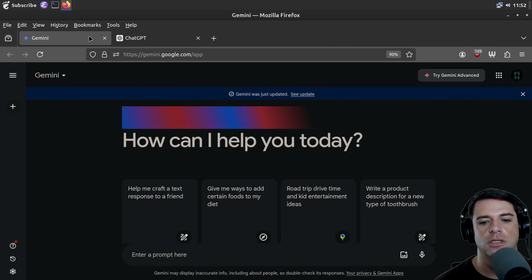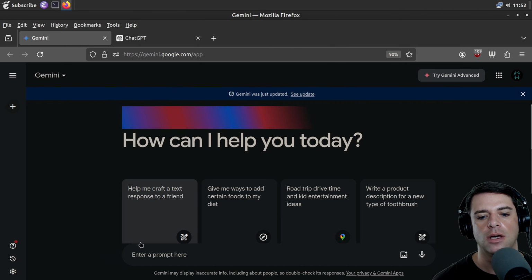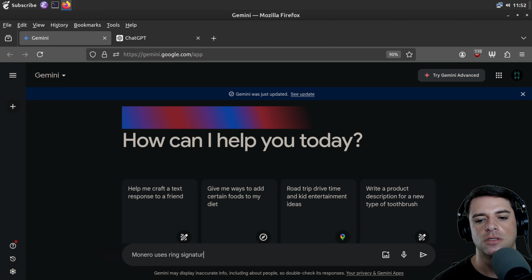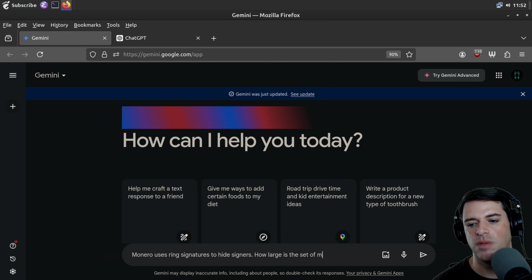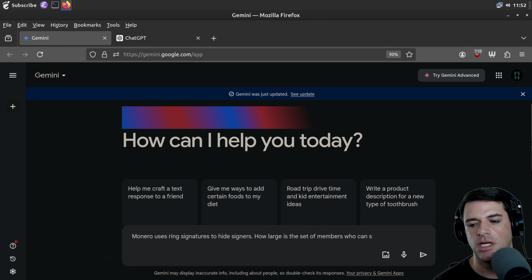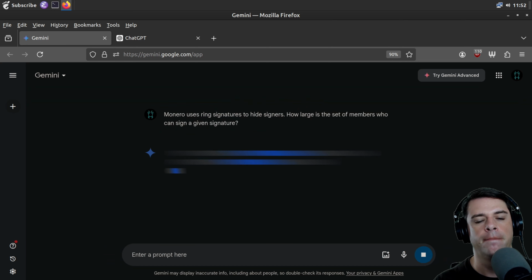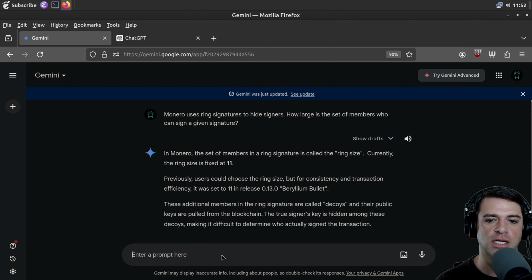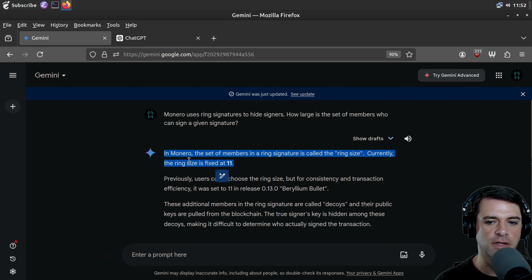I'll ask the AI. So Monero uses ring signatures to hide signers. How large is the set of members who can sign a given signature? It's called the ring size, currently fixed at 11.